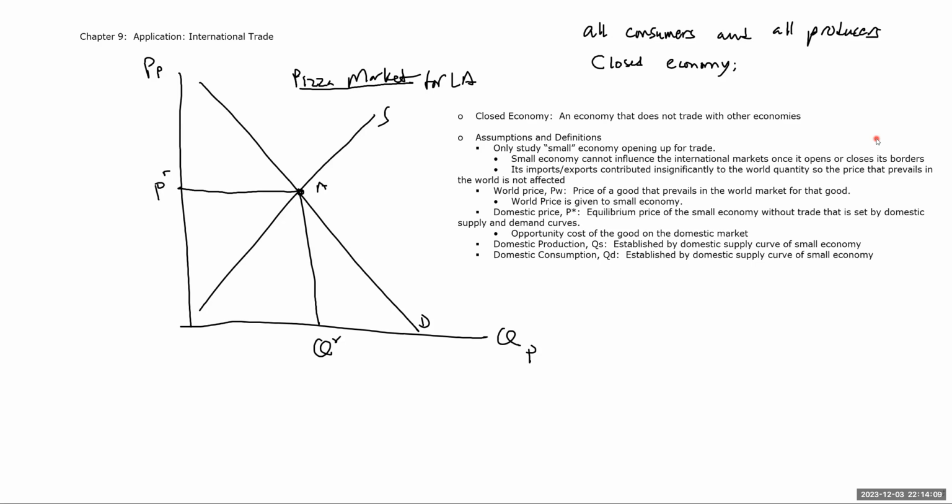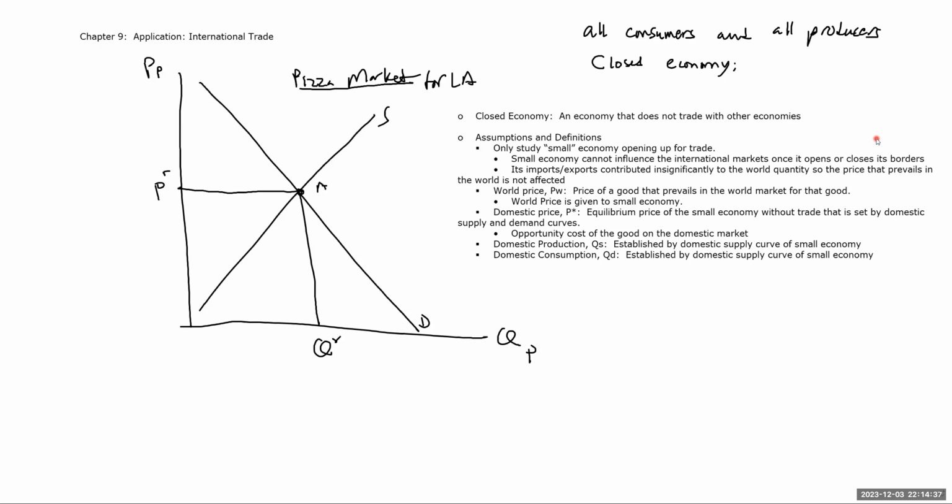Because when a country like the United States or China opens up for trade, it influences the world market. It influences the supply and demand in the world. And that makes our analysis more complicated, and it doesn't add much. It just complicates it for an introductory class such as ours.